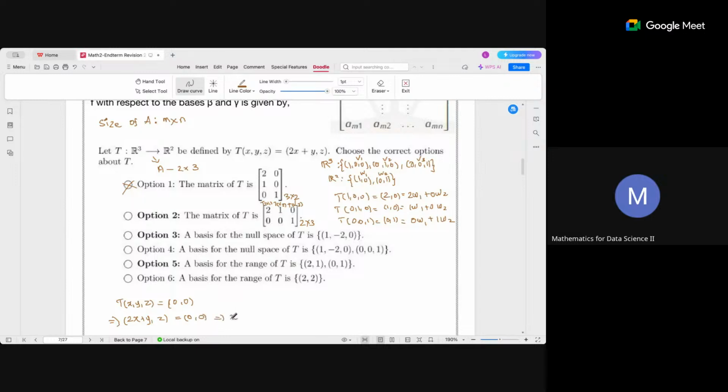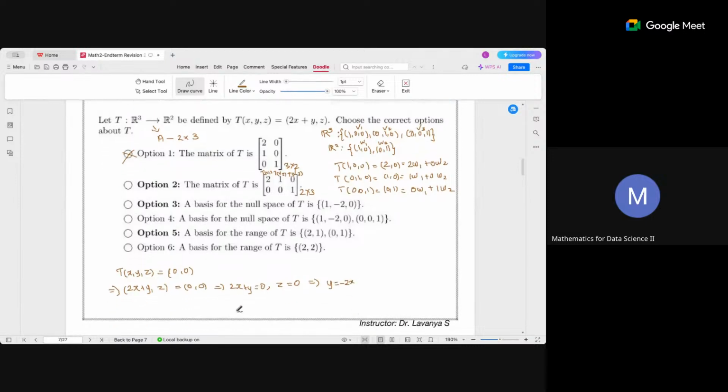This means 2x plus y is 0 and z is 0, so y is minus 2x. So the kernel of T is the set of all (x, -2x, 0). Do you agree?